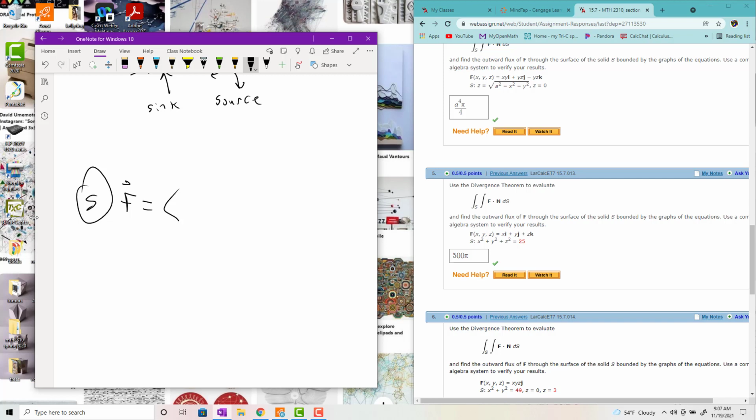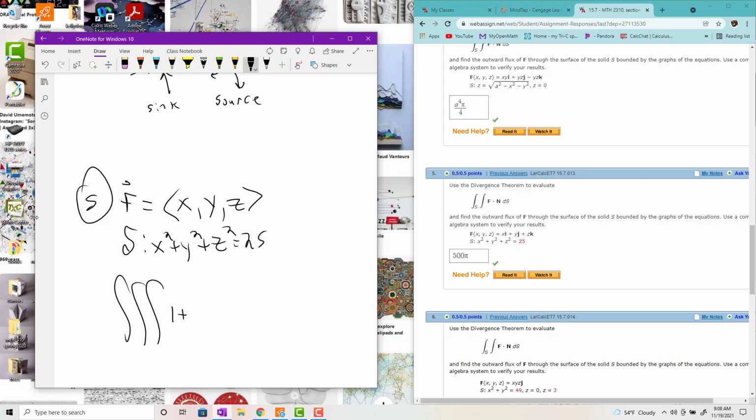Okay, so use the divergence theorem to figure out the flux. And of course, you're always hoping that it's going to work out really nicely. Here, the divergence is just 3.